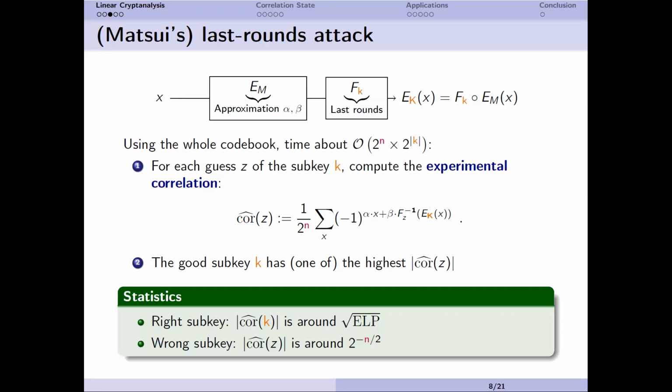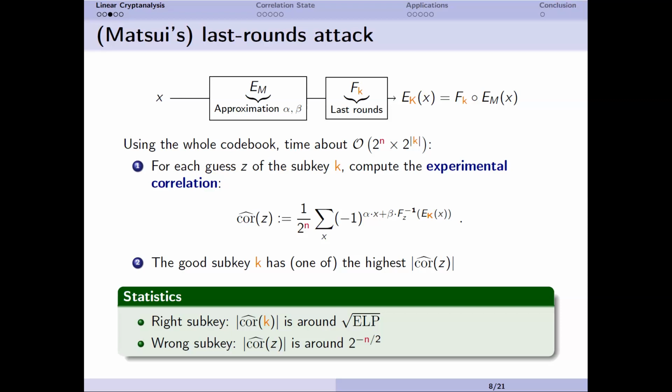So the idea is, basically you take all the possible inputs and outputs x and E_K of x, and you compute the experimental correlation for all possible guesses of the last round subkey. And when it's bigger, you have a good correlation. You just find which one of them has the highest or one of the highest experimental correlations.